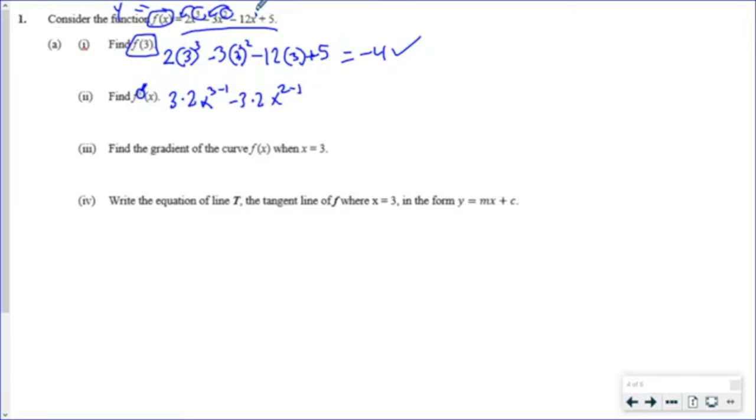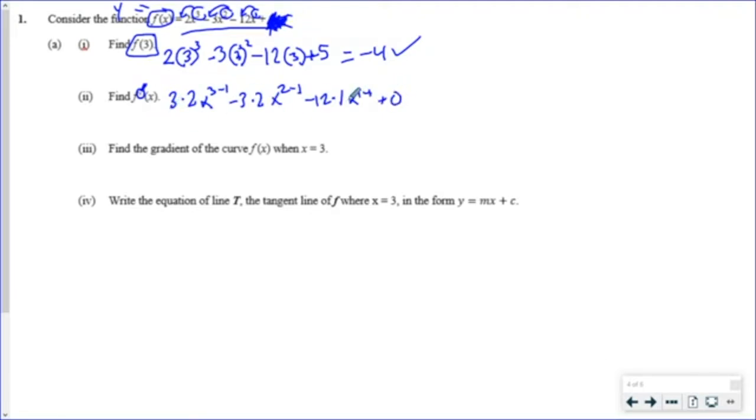Goes over here, so I have negative 12 times 1 x to the 1 minus 1. And then look, you see this here? There's no variable here. So if I want to differentiate in terms of x, this is 0 because there is no x there. So plus 0.